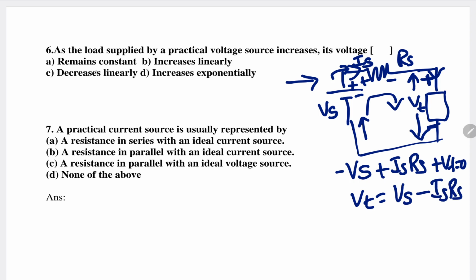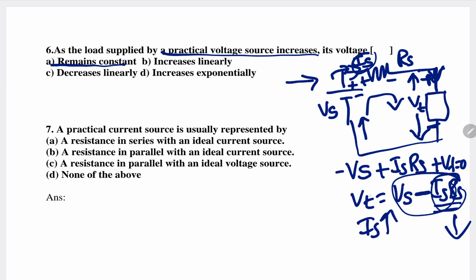Load increases means current through the load is going to increase. So Is increases means this voltage drop is going to increase. Subtracting value increases means the total value is going to decrease. So output voltage is going to decrease. The answer is decreases linearly.